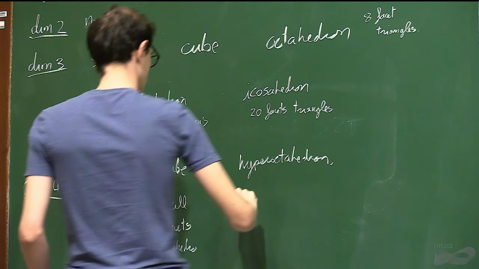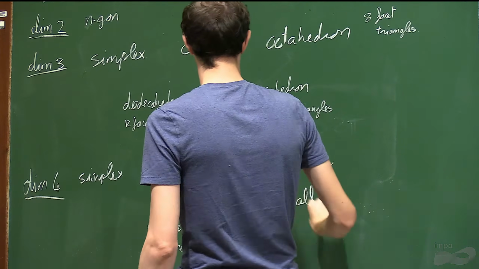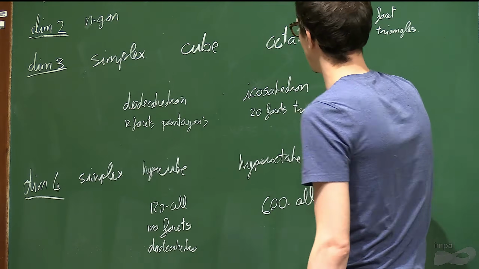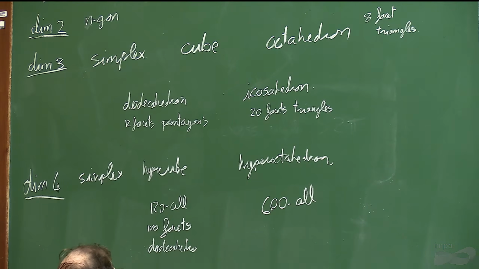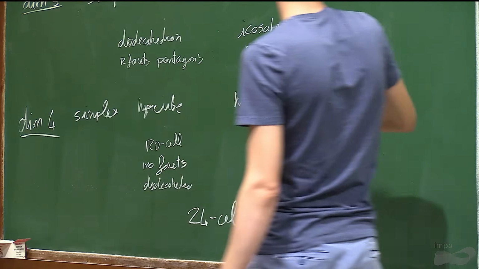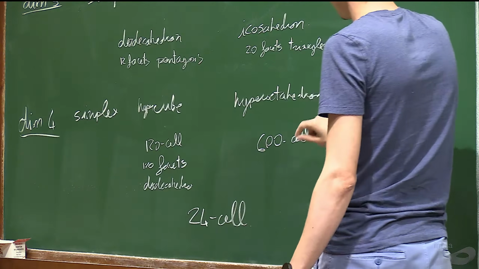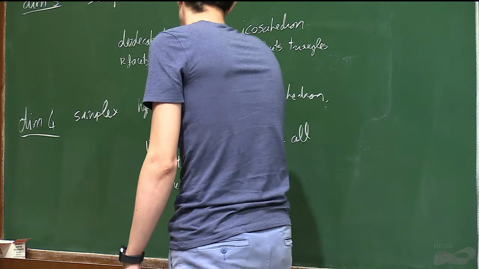And then there's the 600 cell, which has 600 facets that are like the icosahedron. And then there's the last one, which is the 24 cell, with 24 facets that are octahedra.